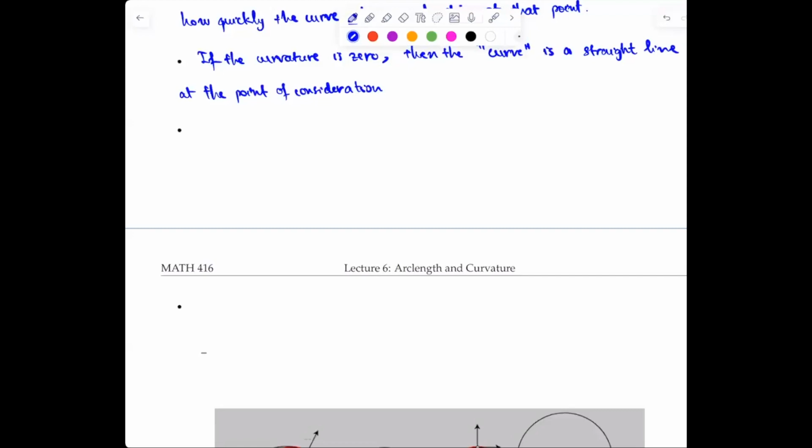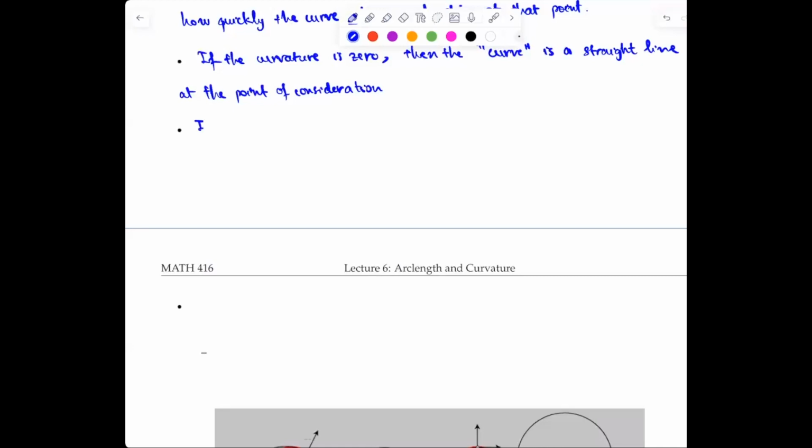At every point, consider the tangent vector, right? So how quickly it turned or moved in certain directions. At this point right here, what is the tangent? What is the derivative equal to? 0. So that is where the curvature is 0. Good.